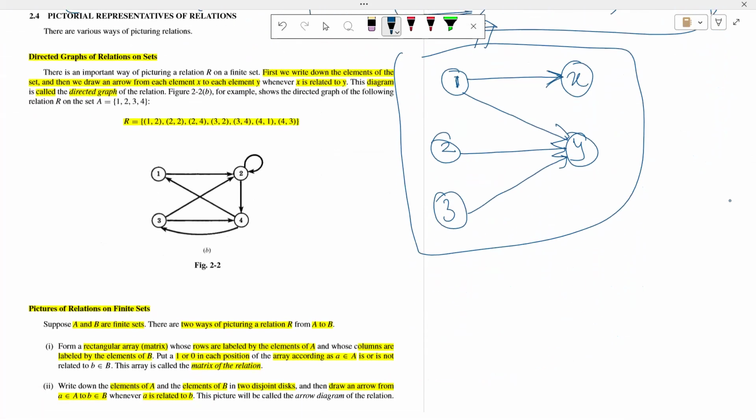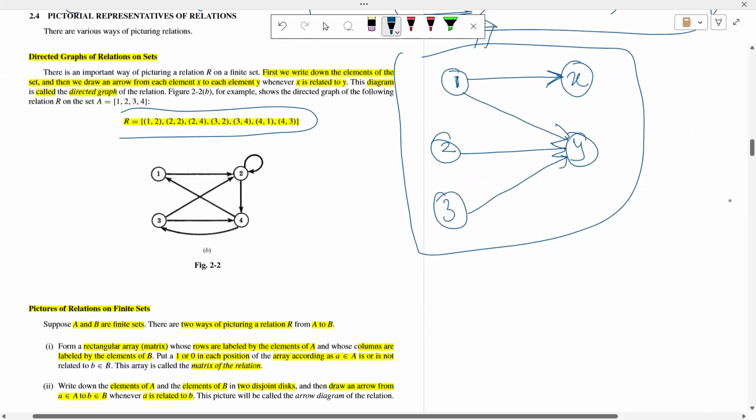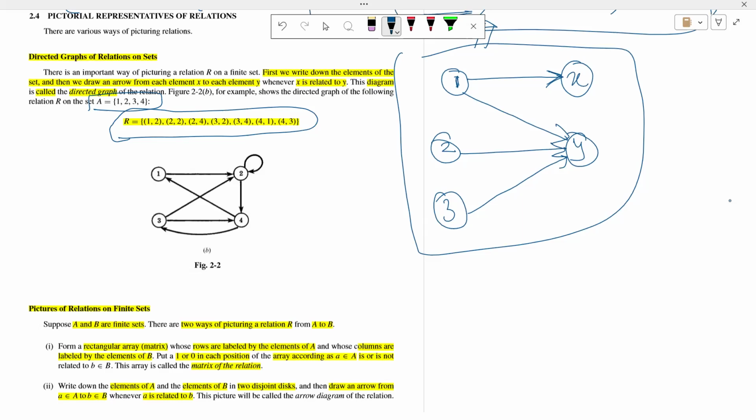Now, if you look at this example, this is also a relation, but for this relation we only have a set A. In this question, they are telling us a set A with four elements: 1, 2, 3, 4.